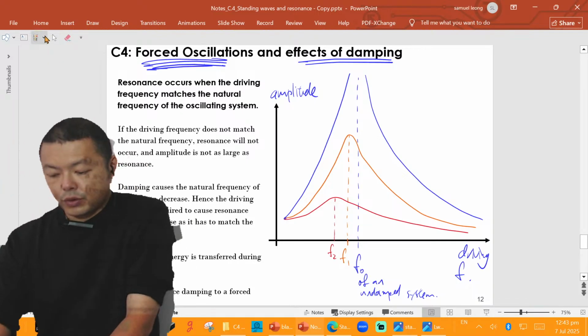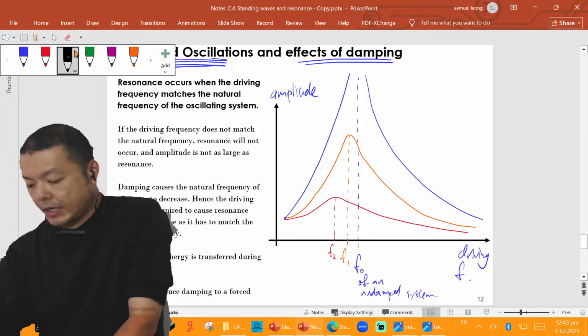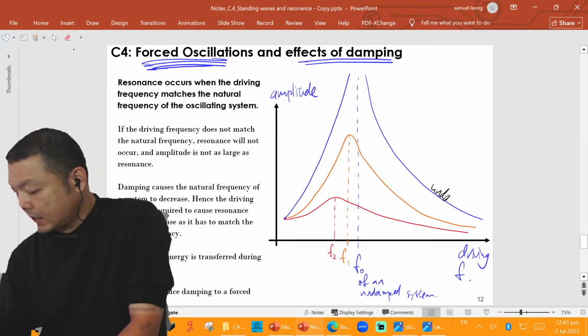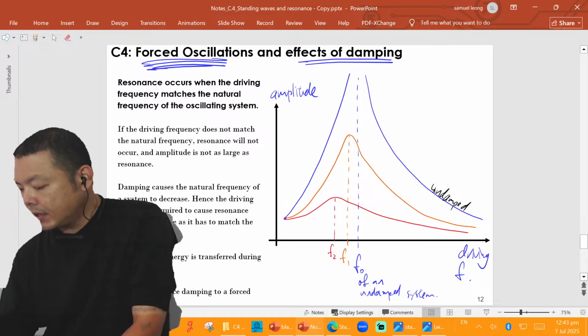You just need to draw three, that's all. Okay, so this is undamped, an example of undamped or very little damping. This will be slightly more damping, slightly more, and more.